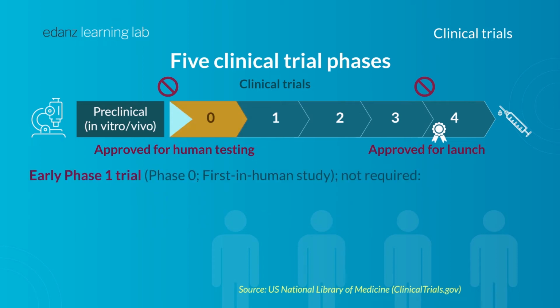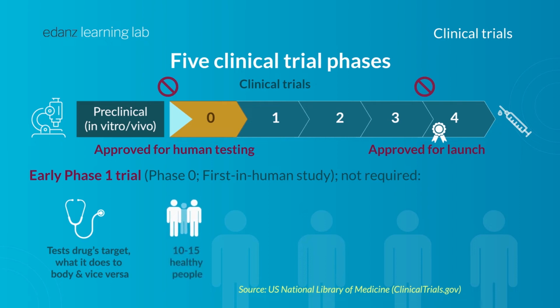The first phase is early phase 1, also known as phase 0 or a first-in-human trial, and is not required by the FDA. This is a small-scale study that tests the drug's target in the body, what the drug does to the body, and what the body does to the drug.